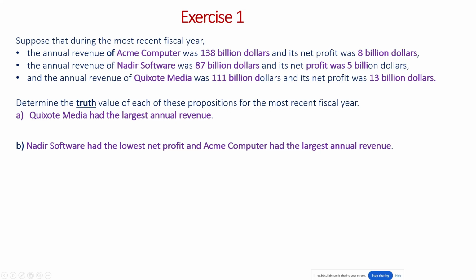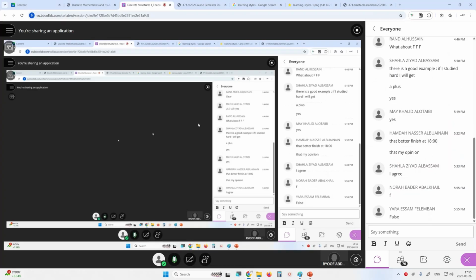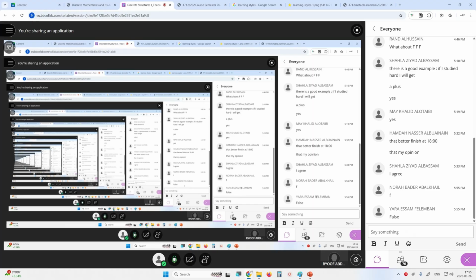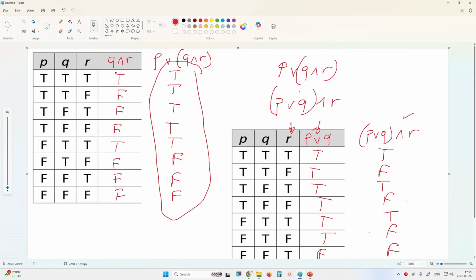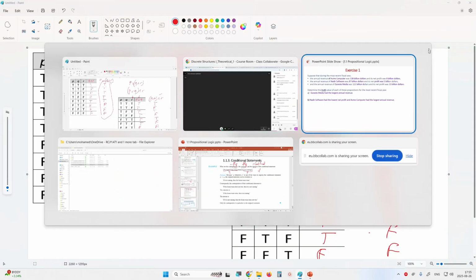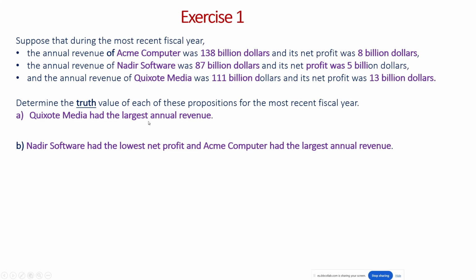So you just look at this proposition and tell me if it's true or false. This media company had the largest annual revenue, true or false? False.